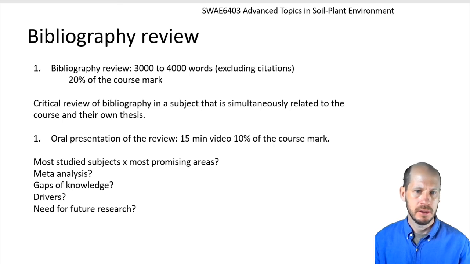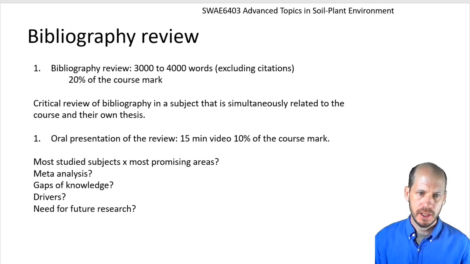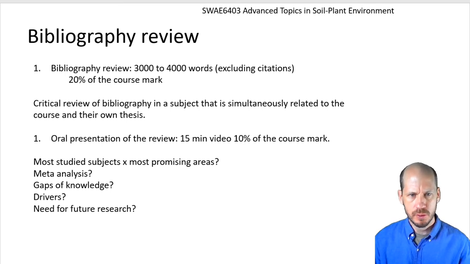What is happening in that soil, and what is actually needed for future research in this area. So this is what I expect you to bring on this literature review. We will discuss further, but for now I will just leave you with this brief explanation of how to carry out this literature review.